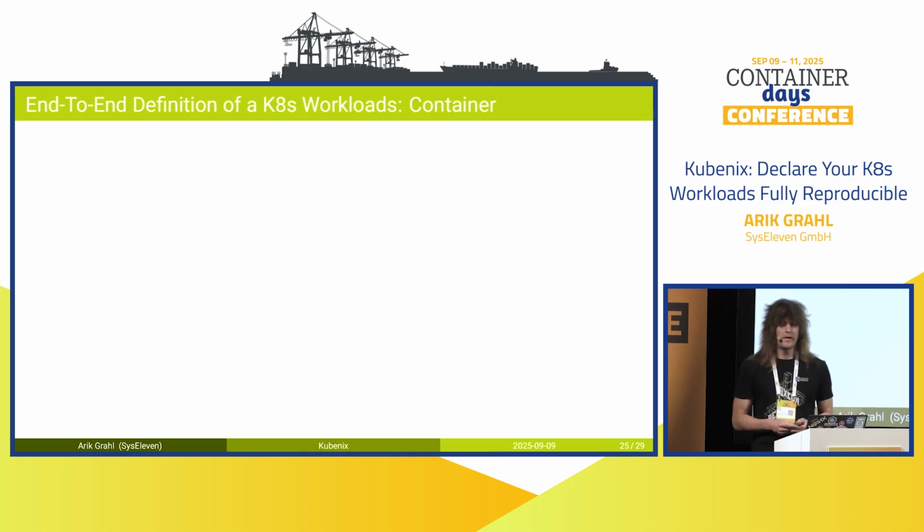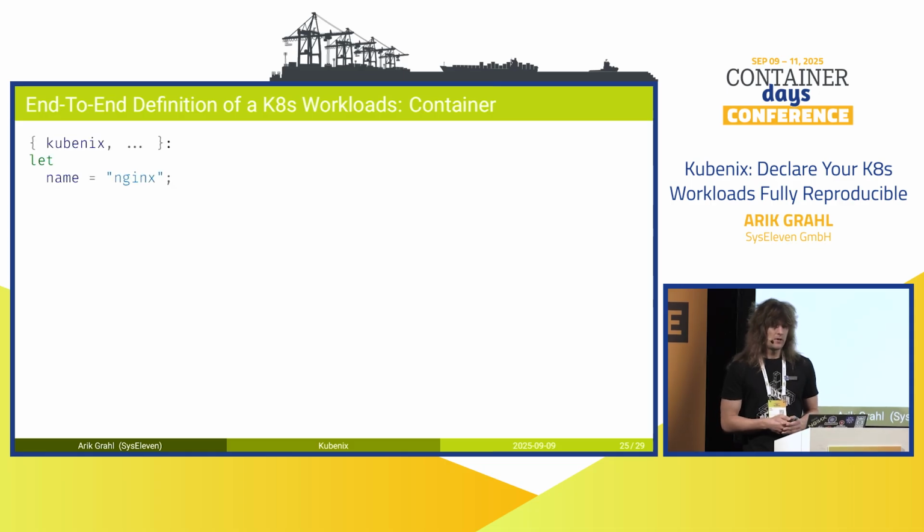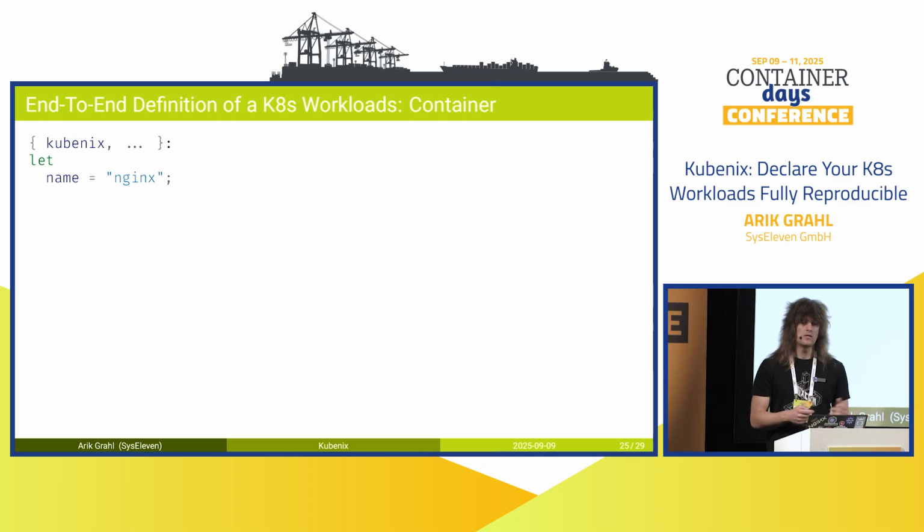Wouldn't it be even better to build your own container images using the same unified toolchain? With Nix, we can do exactly that. So let me give you a quick taste. Here's how you would fully define and containerize Nginx within your stack. We start by pulling the desired Nginx version directly from Nix packages, which guarantees that we always get the version we expected.